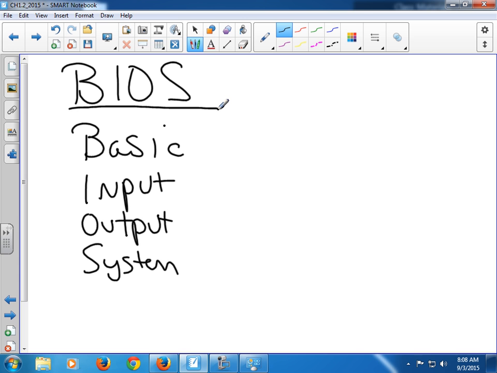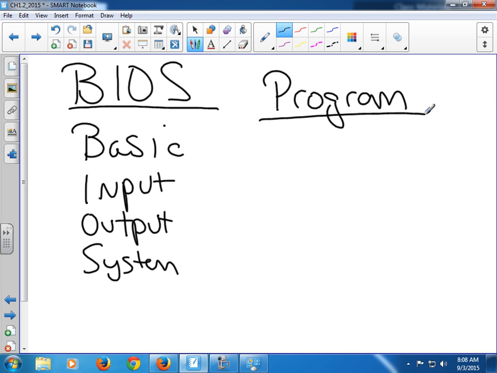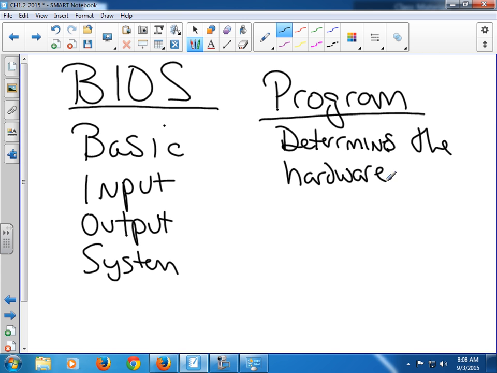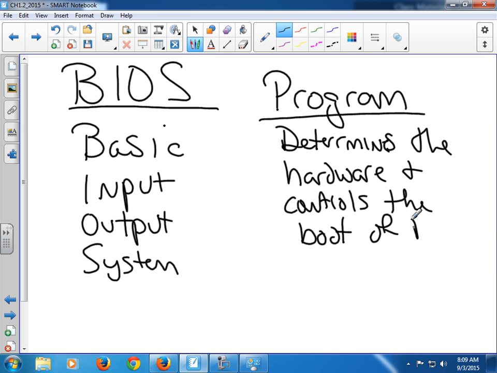BIOS is the basic input-output system. You guys see it run every single time you start a PC. And you guys will get used to getting into BIOS and playing with BIOS because it is a program. And this program determines the hardware and controls the boot of your PC.